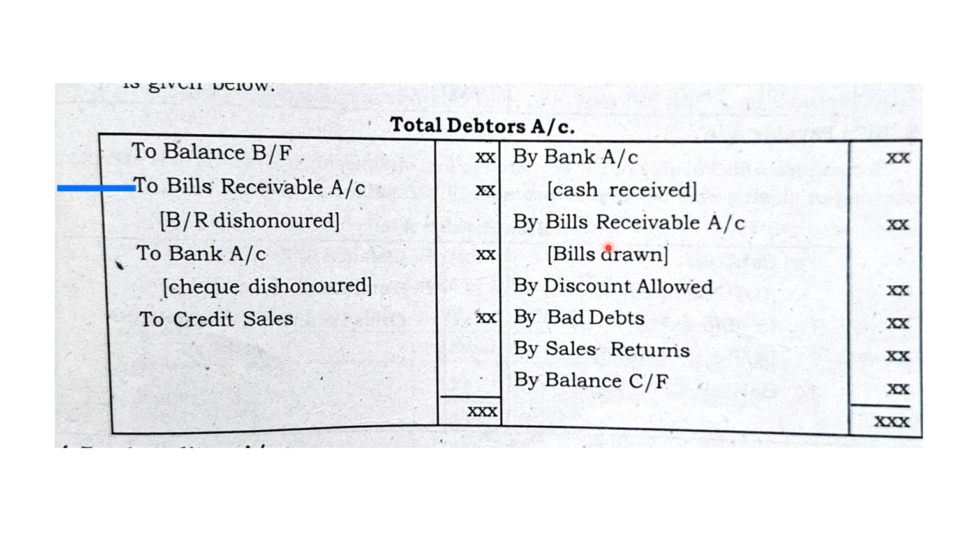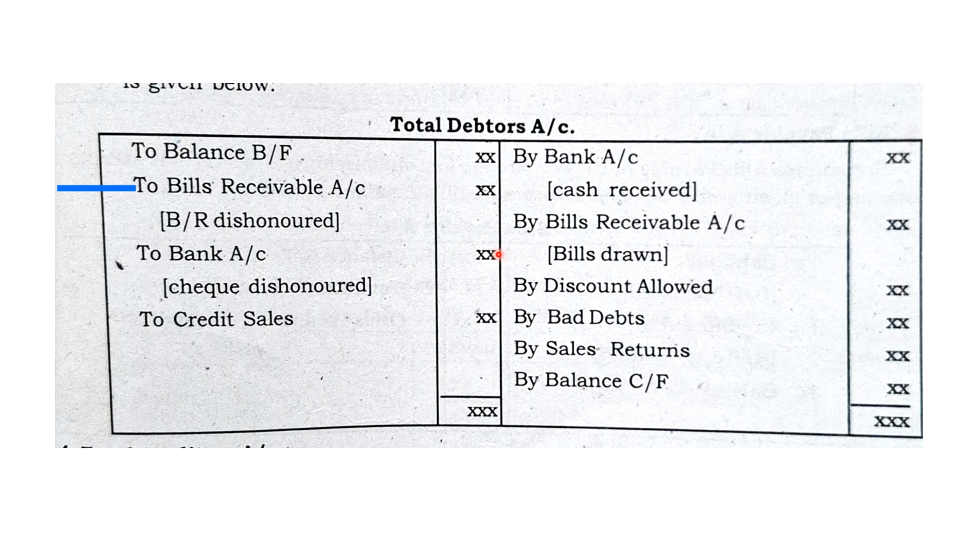You have to record it as 'By bills receivable account'. At the same time, that same bill might be dishonored. The meaning of dishonor is cancelled. So when the bill is cancelled, we'll record it on the opposite side, that is the debit side, as 'To bills receivable account', and in brackets you'll write bills receivable dishonored.